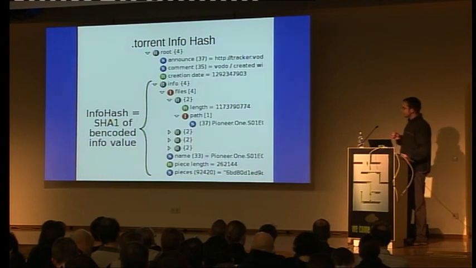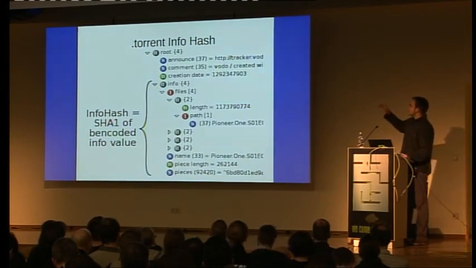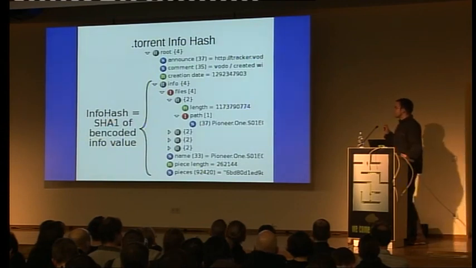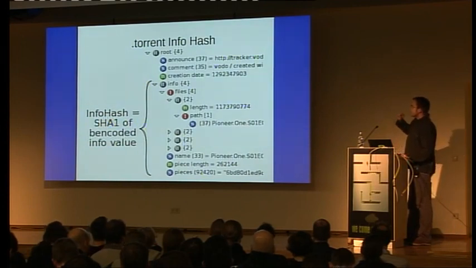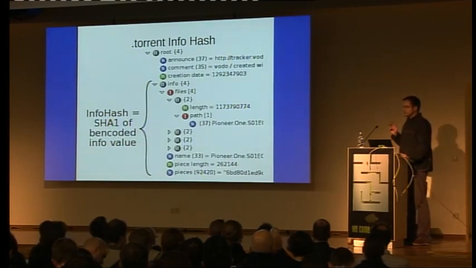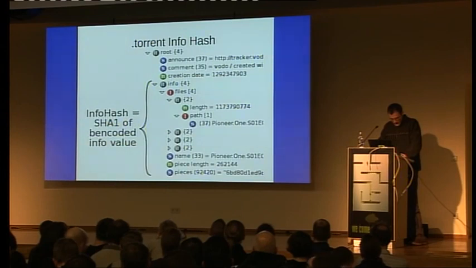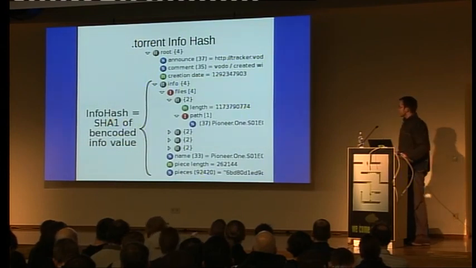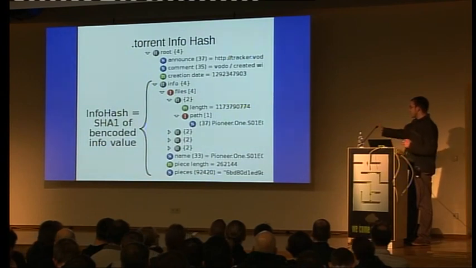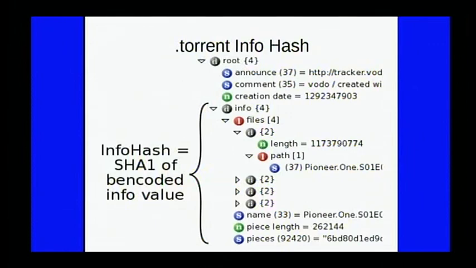This complicates torrent parsers quite a bit, but the really nice thing here is we can modify the metadata, like the tracker address, or we can put some initial DHT nodes in there. And still, the info hash stays the same, so the torrent isn't modified. The actual content is described by this big pieces string, which contains just SHA1 sums of the individual pieces of the data that is being shared.